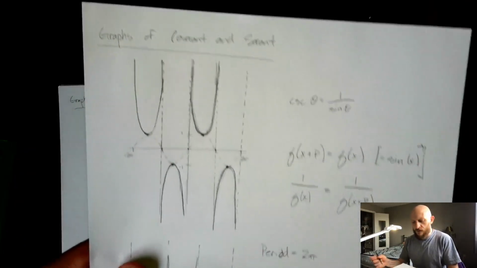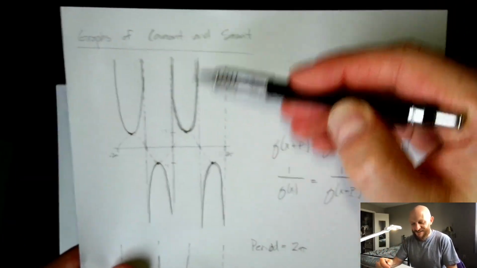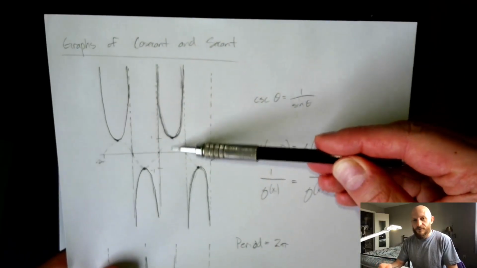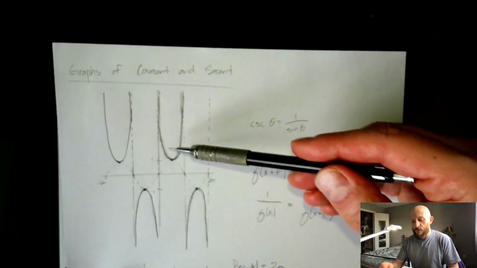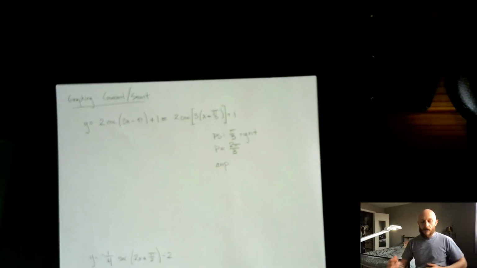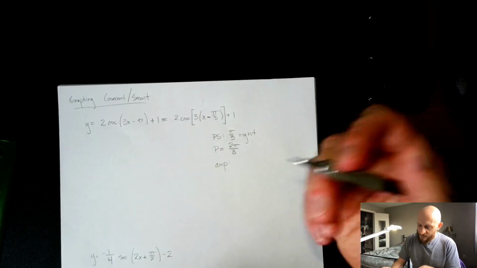Secant and cosecant are like little U's, that's how I view these. So amplitude does affect the distance from the midline to the vertices of the U's. It both stretches the U, and it also affects where that vertex is. So if you were asked that, the amplitude here is 2.